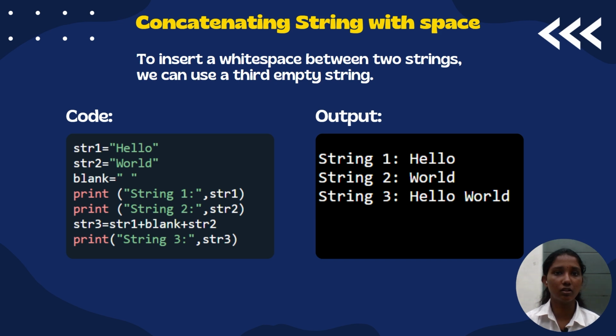This line assigns the string hello to the variable str1, and this line assigns the string world to the variable str2. Here blank is equal to a space string. Now here is the output. str1: hello, str2: world, string 3: hello world.